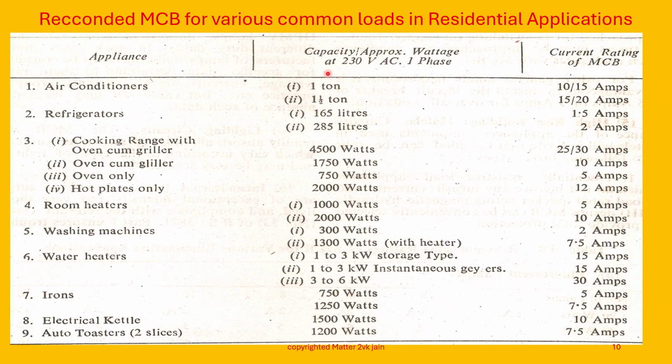So you can see from room heaters, washing machines, water heaters, irons, electrical kettle and auto transformer, you can see the type of MCB rating here.